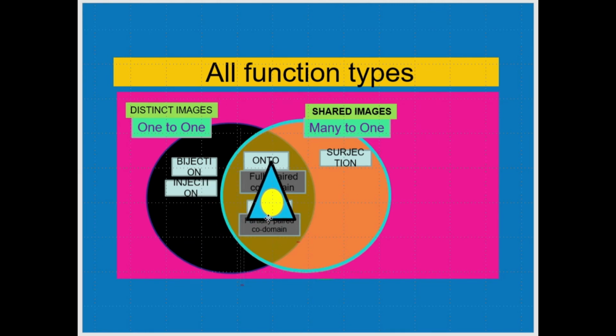Also onto, that is fully paired codomain, into partially paired codomain. Coming to many to one function are shared images type functions. Surjection, then onto, into. Here onto and into belong to both 1 to 1 and many to 1 types.